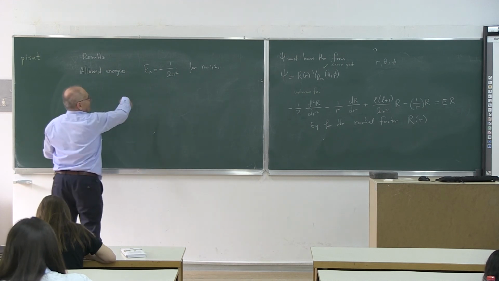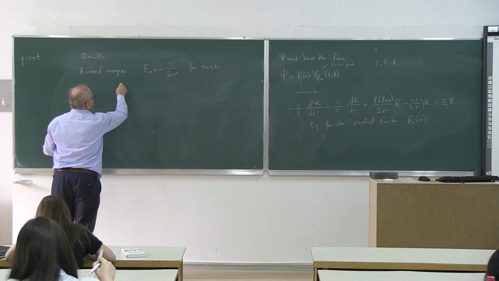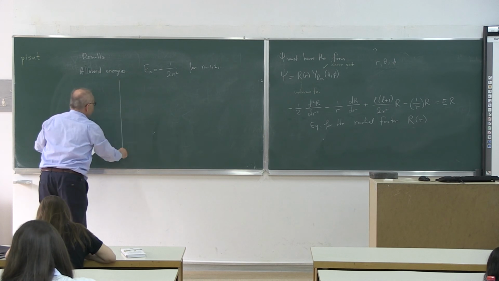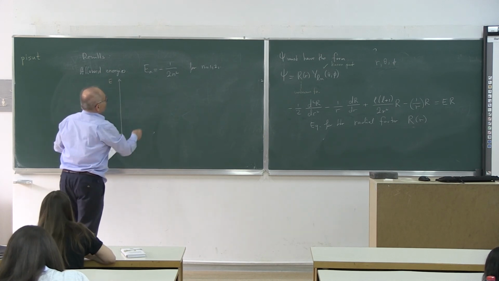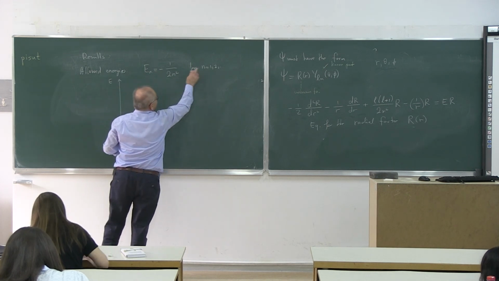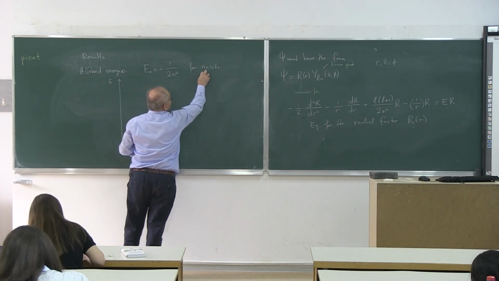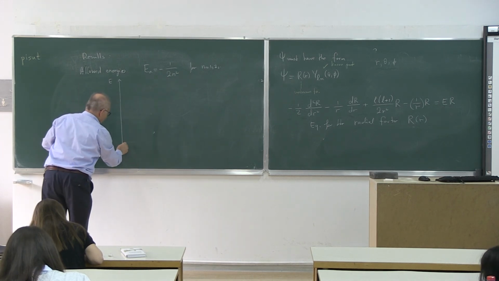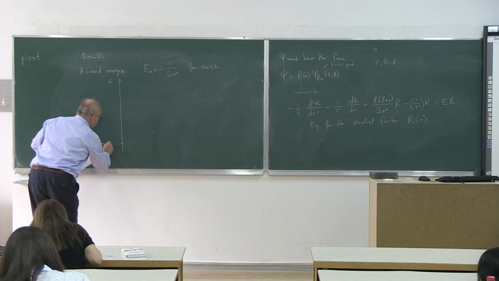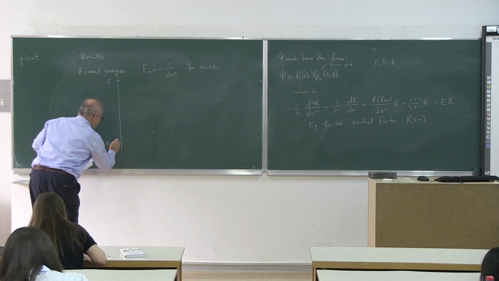Let us look at the behavior of the energy using an energy level diagram. The lowest energy corresponds to the lowest value for the integer here because of the minus sign here. So the lowest energy is minus 0.5.